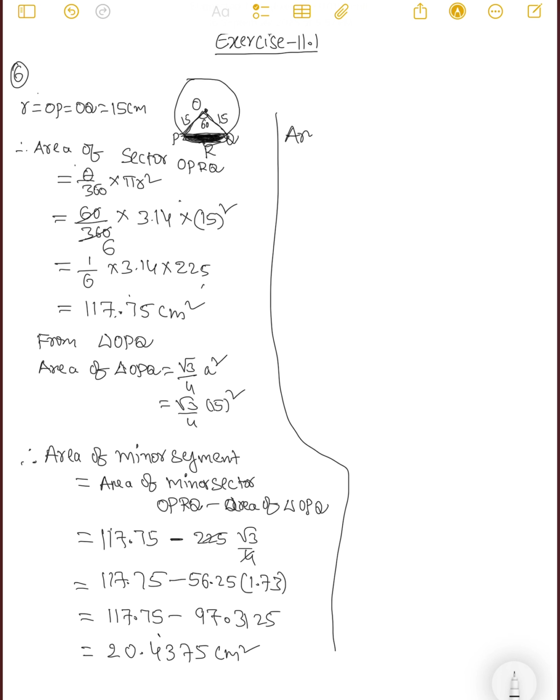Now we find the area of the major segment. Area of major segment equal to, from this figure we observe, the whole area of the circle minus the area of the minor segment.